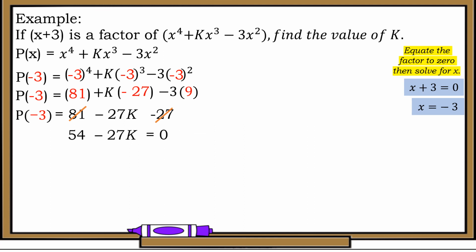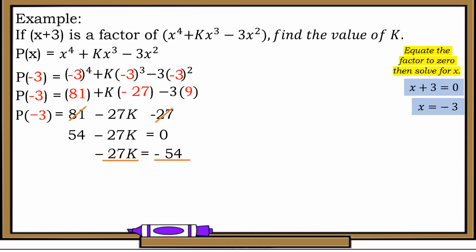Then you equate to 0 kasi ang target natin ay para makuha natin ang value ng k. Simplify. Negative 27k equals negative 54. So, paano mo makukuha ang value ng k? Divide both sides by negative 27.